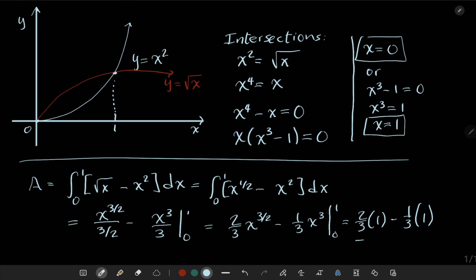That's going to be 2/3 times 0 is 0, minus 1/3 times 0 is still 0, so that's 0. And I get that this is going to be 2/3 minus 1/3, which is 1/3. And that's the area between those two curves.